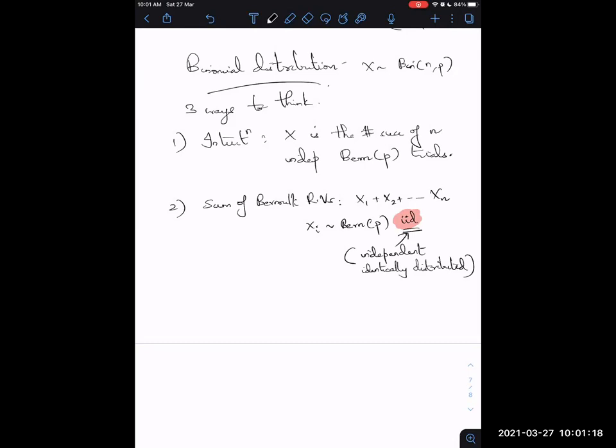X2 can be the mod of the difference between whatever the dice output, and so on. As long as the distribution of the sum and the difference is the same, then you can say that they are IID. If not, then they are not IID. That's all I mean. So here x1 and x2 are different functions, but they have the same distribution, which is Bernoulli here, and they are independent.